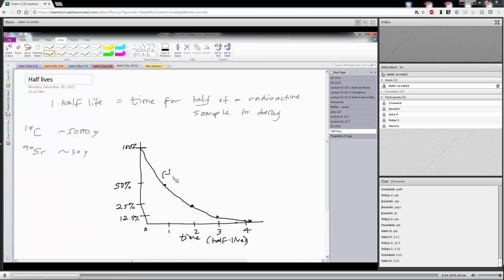At this point, you have half of your original sample remaining. At this point, you have 1/2 times 1/2 of your original sample remaining, or 1/4. At this point, you have 1/2 times 1/2 times 1/2, right? And at this point, you have 4 of those halves.